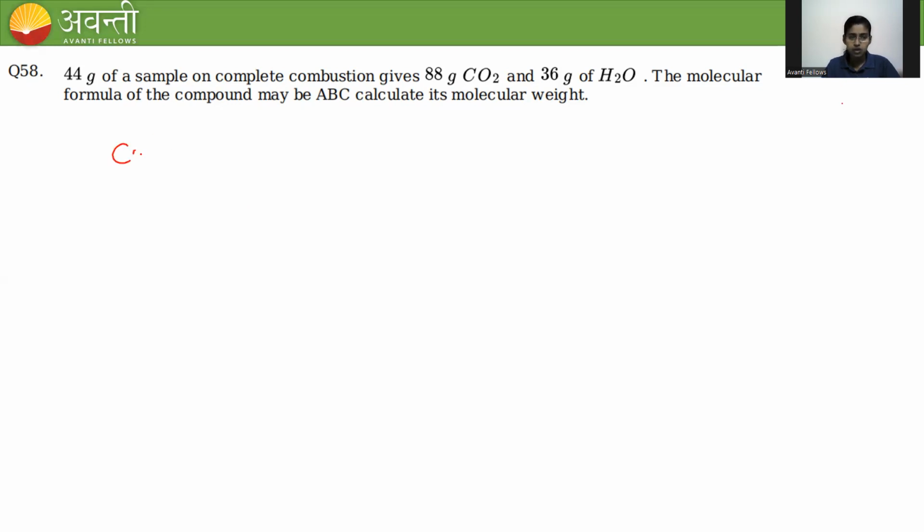So carbon dioxide: number of moles of carbon dioxide is mass by molar mass. Mass is 88, molar mass of carbon dioxide is 44. So we have 2 moles of carbon dioxide, so 2 moles of carbon is there.